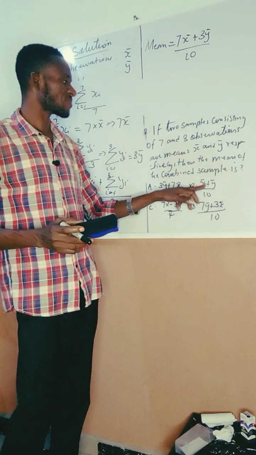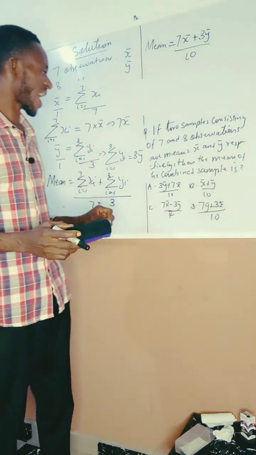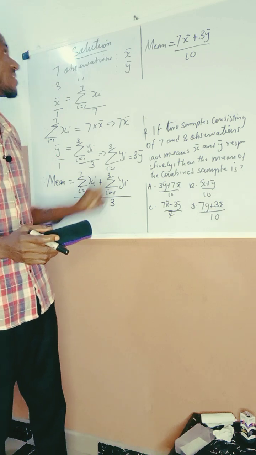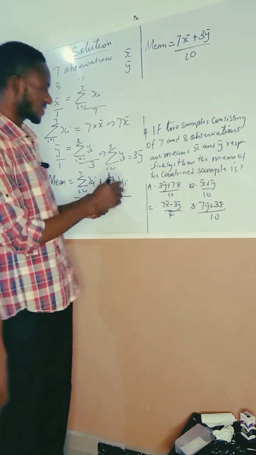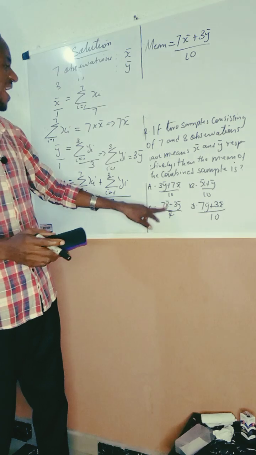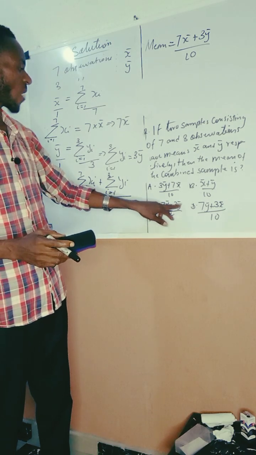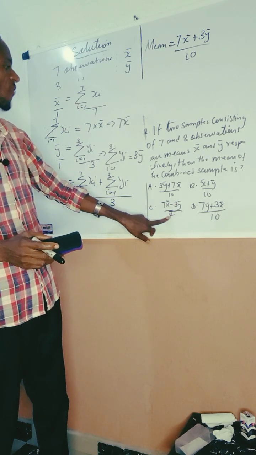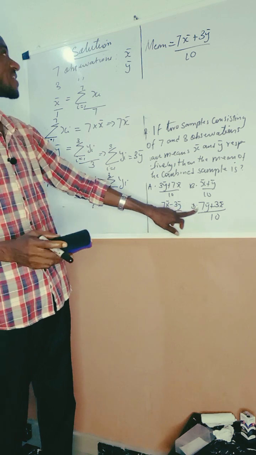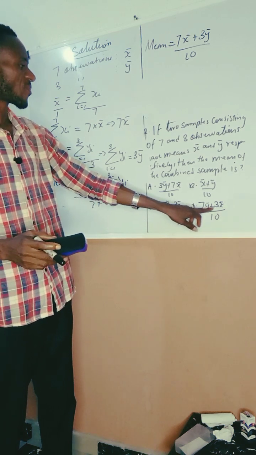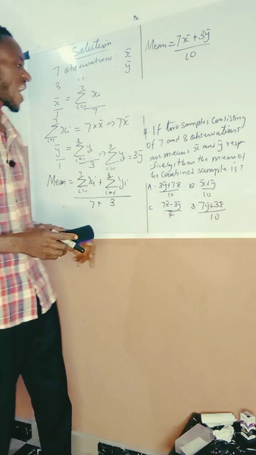Option B says x bar plus y bar all over 10. Then option C says 7x bar minus 3y bar all over 4. And then this one says 7y bar plus 3x bar all over 10.